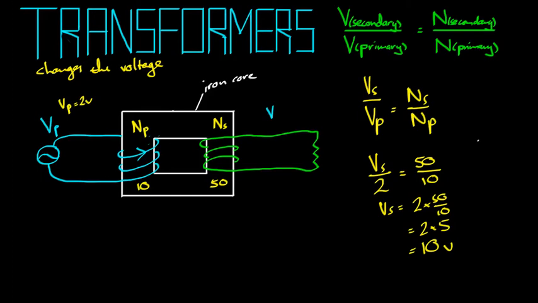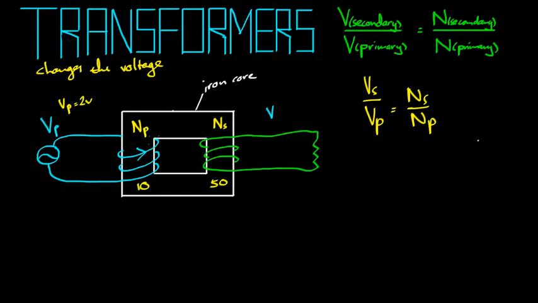However, erasing this bit of work here, if I swap the number of loops around, and I say on the primary coil there's 50 loops, on the secondary coil there's only 10 loops. Now Vs over Vp equals Ns over Np, that still holds. Vs, the mystery, over 2 is equal to Ns, 10, over 50.